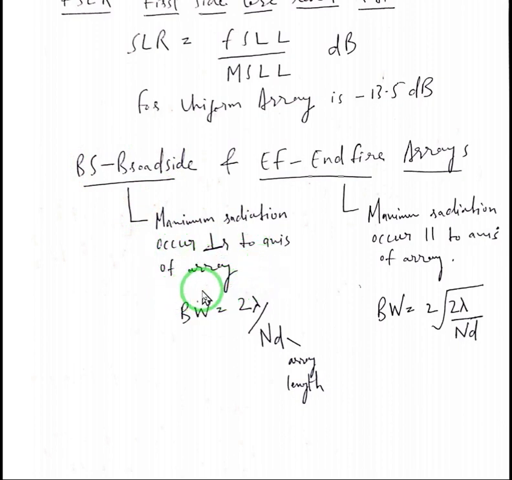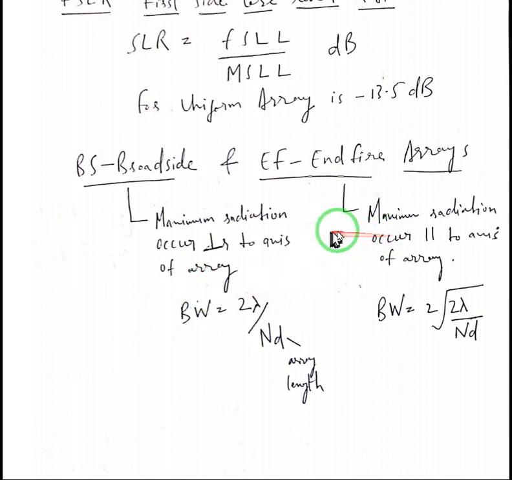That means any array antenna that has a maximum radiation along the perpendicular axis is called a broadside array.